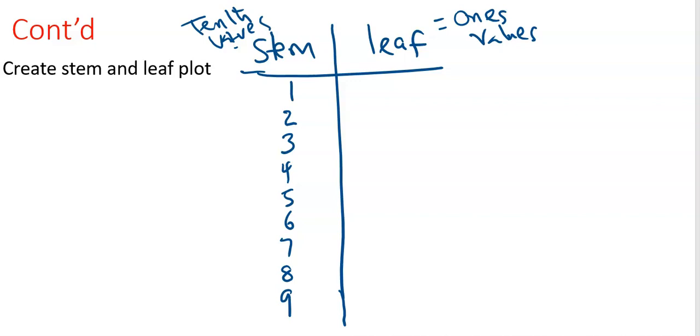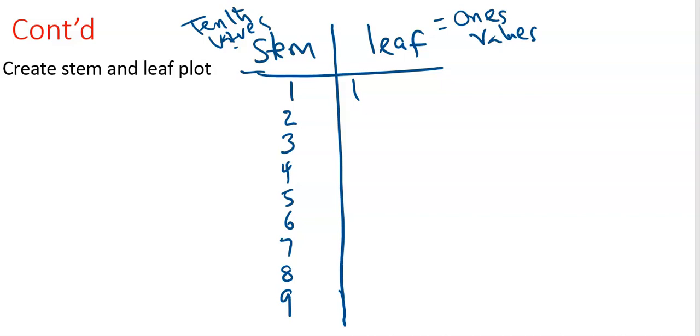Now that we have our stem, we have to draw the leaf. The first number being 11, I will put 1 here. What this means is 11: the 1 is the stem, and the other 1 is the leaf.